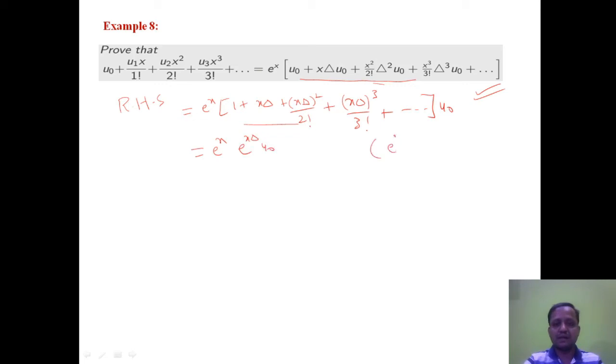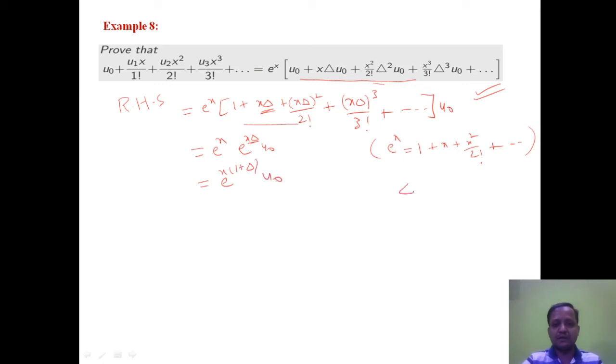Why? We know e power x is nothing but 1 plus x plus x square by 2 factorial plus and so on. So in place of x, here x delta is available. So you can write the whole thing as e power x delta. Take x common: e power x into 1 plus delta, u naught.